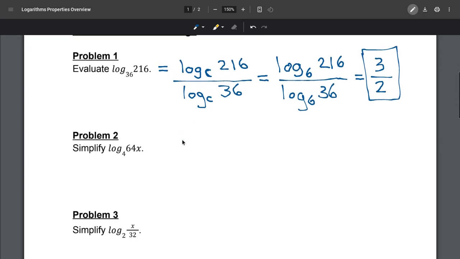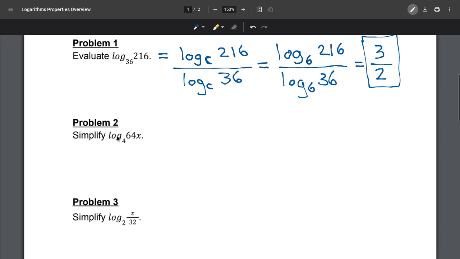Okay, this second one here, we're simplifying log base 4 of 64x. We're going to use the product rule here, and I can rewrite this product, 64 times x, as log base 4 of 64 plus log base 4 of x.